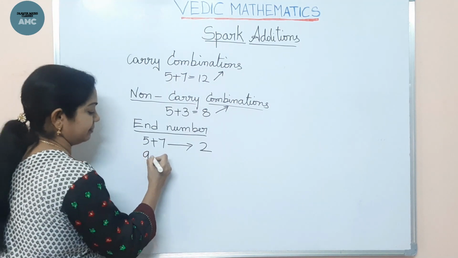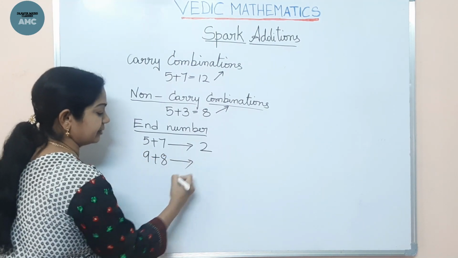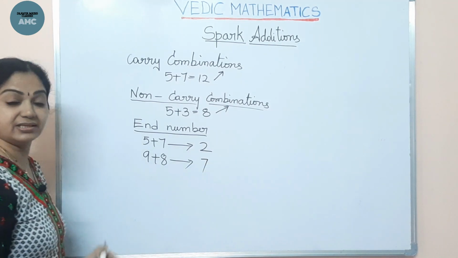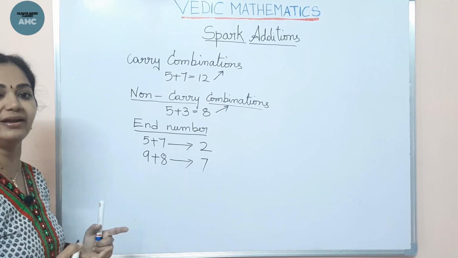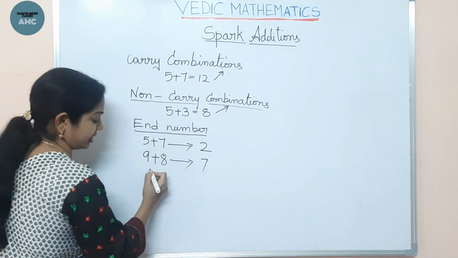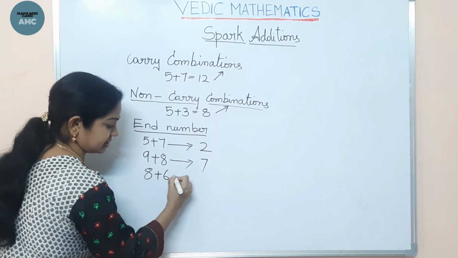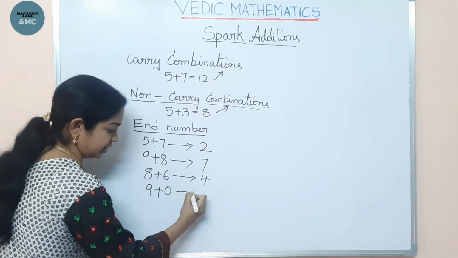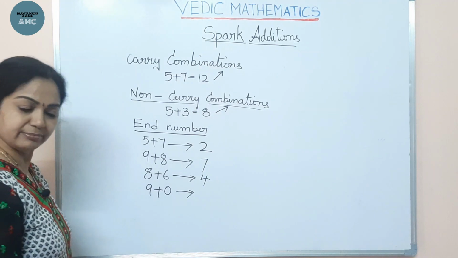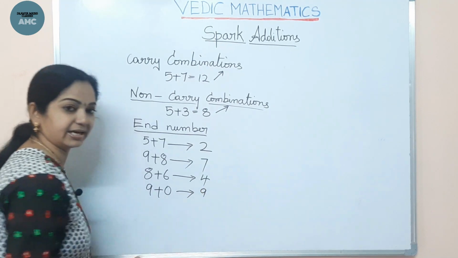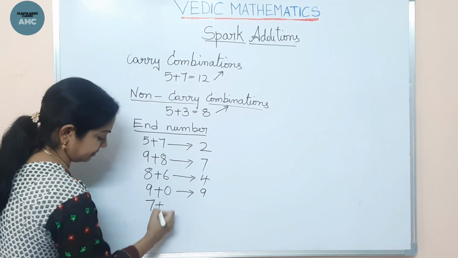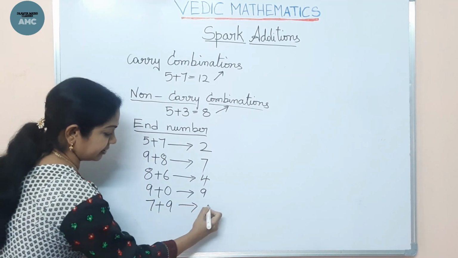Likewise, 9 plus 8, the end number here is 7. The sum is 17, but I am writing only the end number. Likewise, 8 plus 6, the end number is 4. Likewise, 9 plus 0, here it is a single-digit number, so the end number obviously is 9. Likewise, 7 plus 9, the end number is 6.